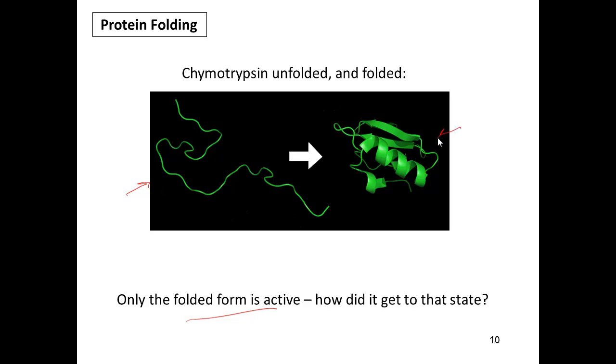On the right here, we can see the folded form with an alpha helix and 2 beta pleats in the final folded form, and now this is the active form. So the question is, how do you get from here to here? And do you think it's a challenging problem or not?